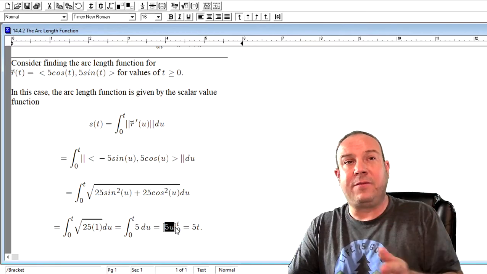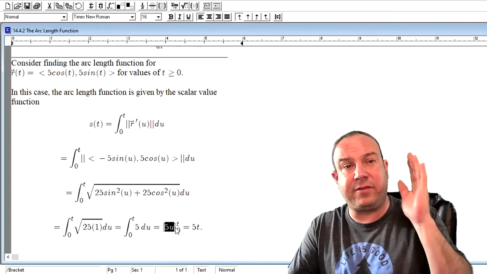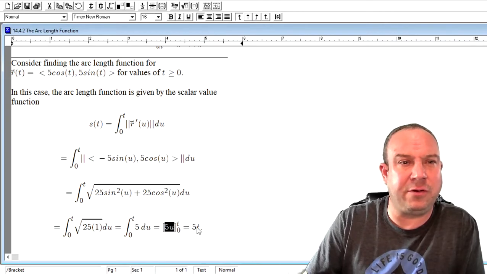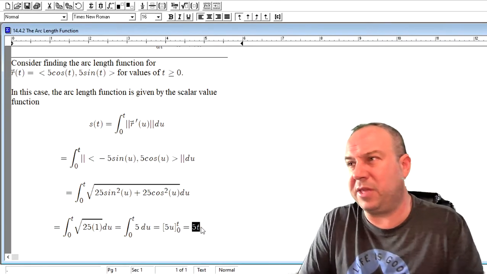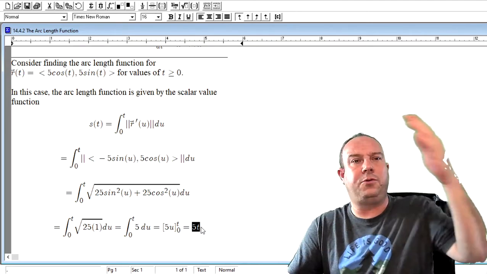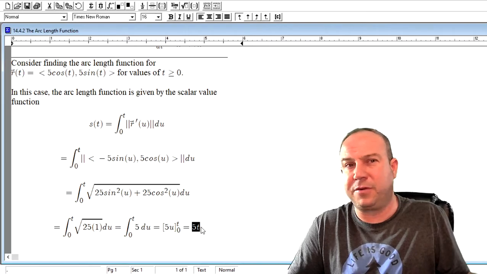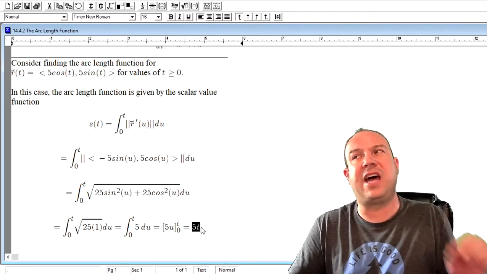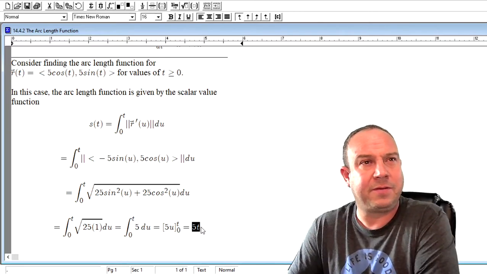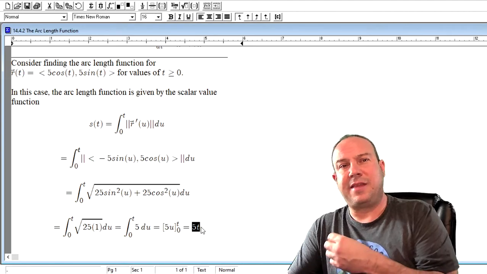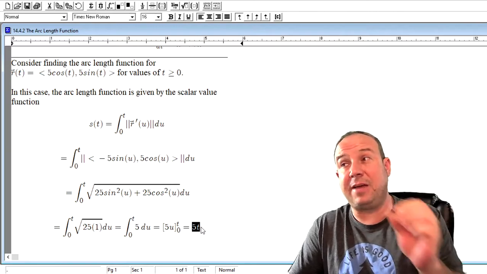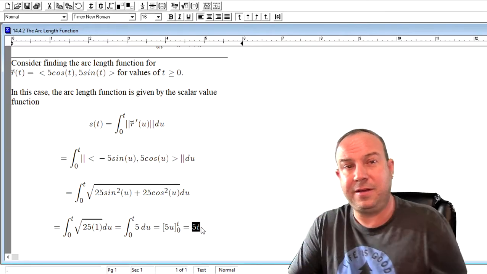If we start at t equal to 0 and let's say we travel to t equal to 3, we have traveled 15 units along this curve, 15 units of length. 5t gives me that. If t is 3, it'd be 15. If I start at t equal to 0 and I travel to 25 for t, I've traveled 125 units of length along this curve. My measurement for s in that case would be 125 units, 5 times 25.